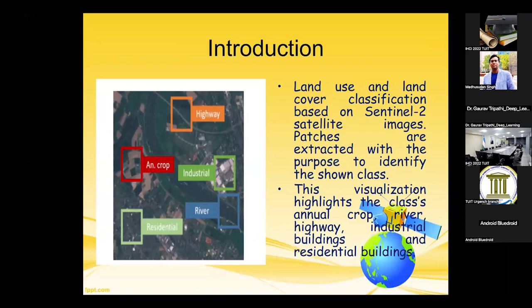One thing I should make very clear is that these images can be of various bands. They can be multispectral bands. Humans are accustomed to RGB images: red, green, blue.